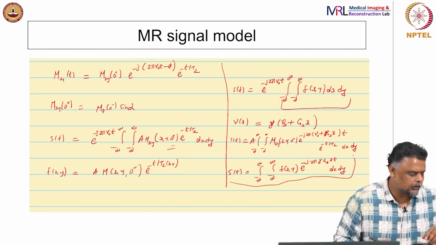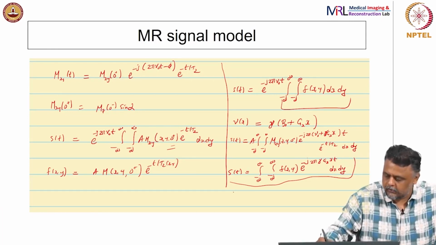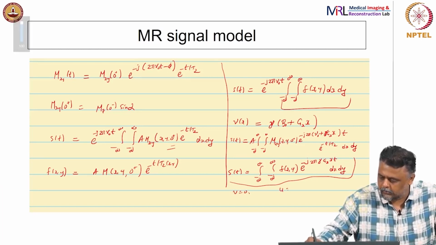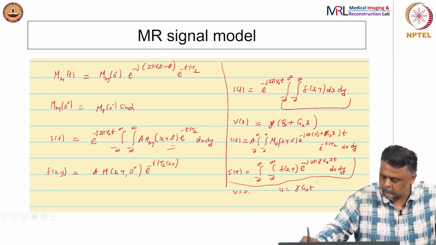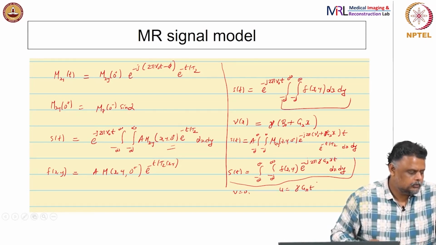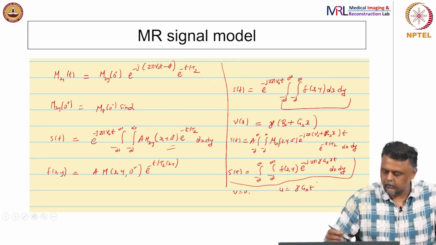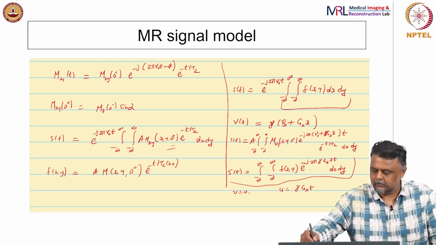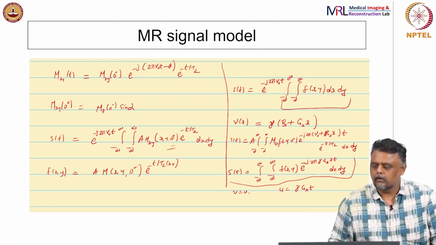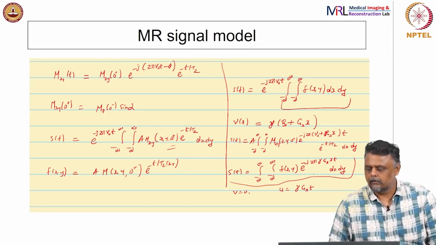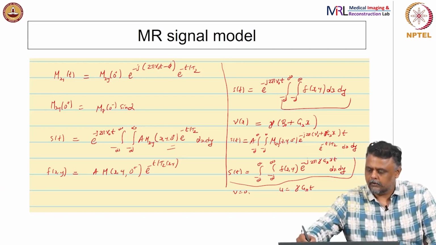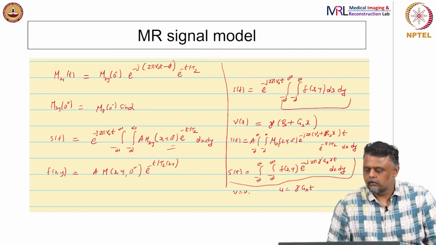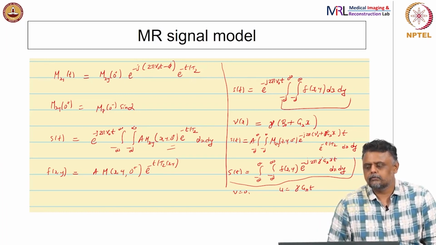So, how do you do that? You can set v equal to 0, and we can also set u to be equal to this expression. If you plug it back in there, you can see that the expression we have is in the form of a Fourier transform. Instead of gamma Gx t you just put u, and v you set to 0.